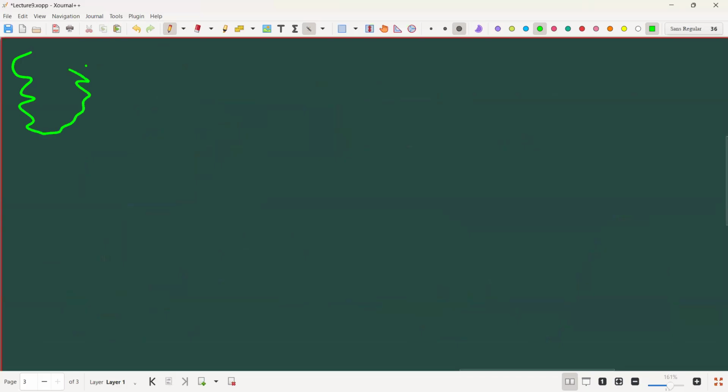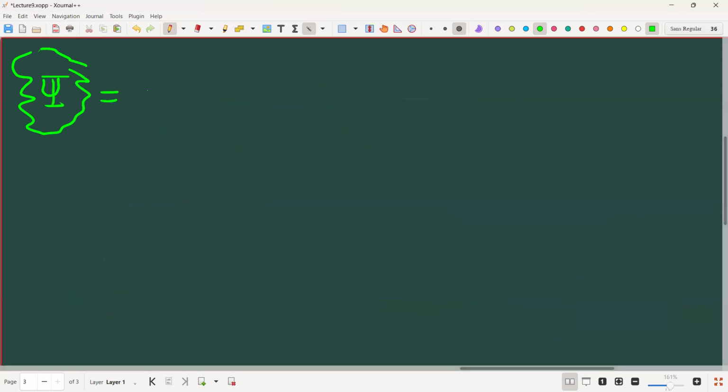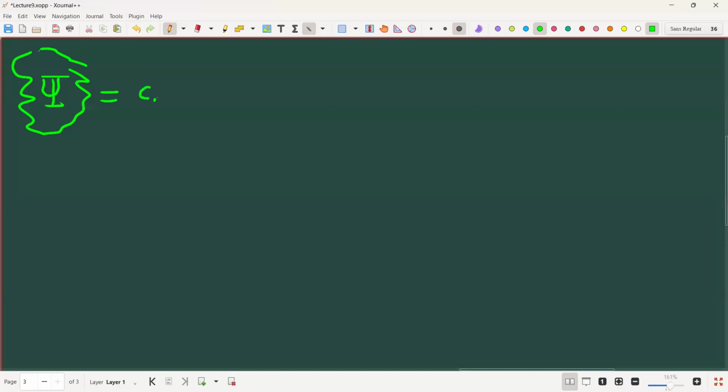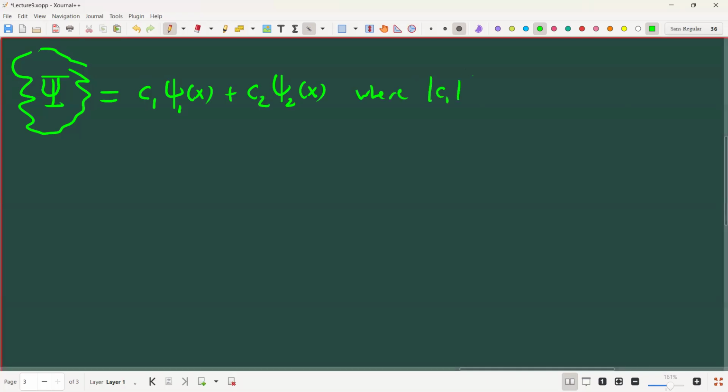So we're going to let our little molecule, little box, be a particle in a box. A little psi 1 and a little psi 2, where C1 squared plus C2 squared is equal to 1.